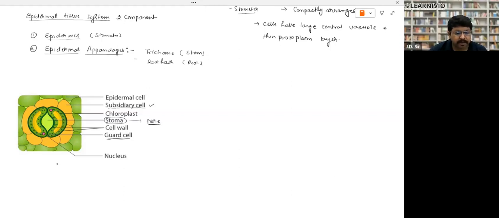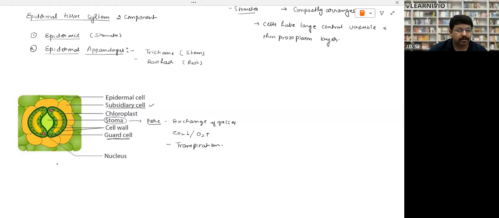This pore is meant for exchange of gases. When we talk about the exchange of gases, I am talking about the entry of carbon dioxide. So carbon dioxide will come in and the oxygen will go out. That is the exchange of gases. Then transpiration, removal of water.